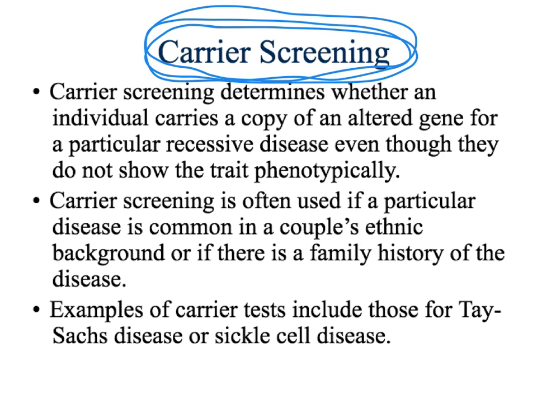So it determines whether an individual carries a copy of an altered gene for a particular recessive disease. Okay, so you do not have the disease, but we want to know if you can pass it on to your kids. Okay, so if we know you have a family history of cystic fibrosis, we will probably do a carrier screening and see if you have the gene that you could pass on to your kids. Okay, you can also do it for Tay-Sachs or sickle cell disease. It is looking for that mutation in your genes.